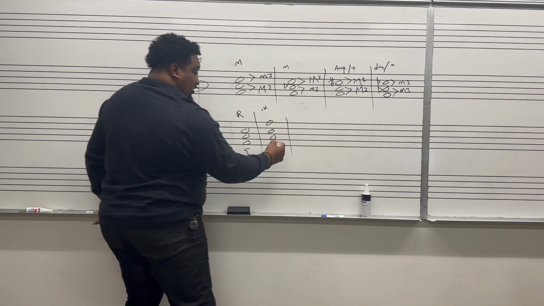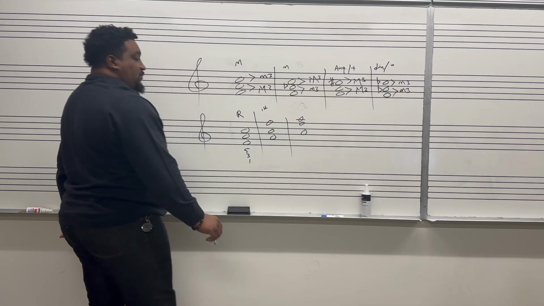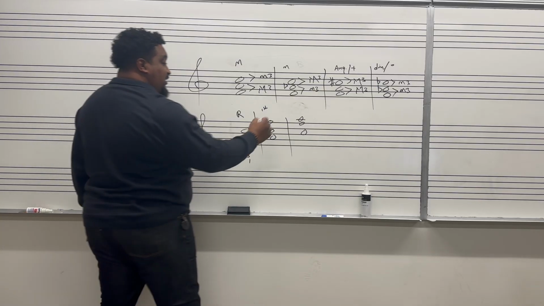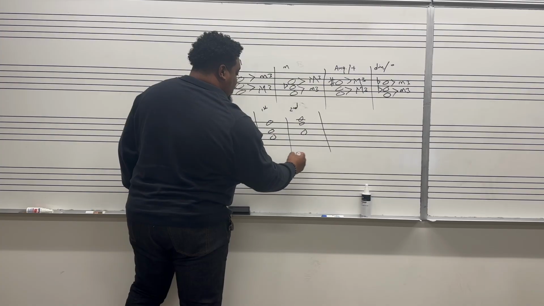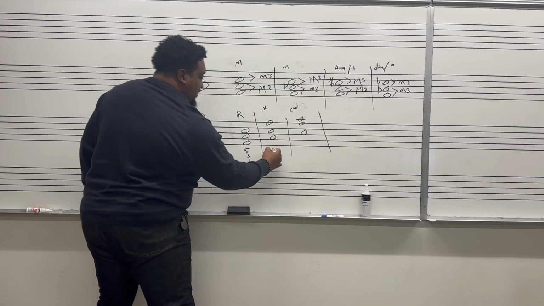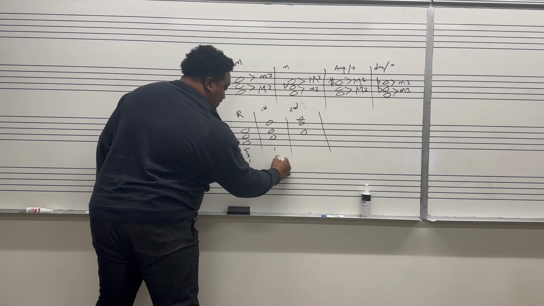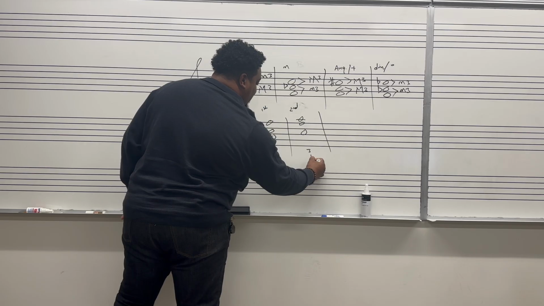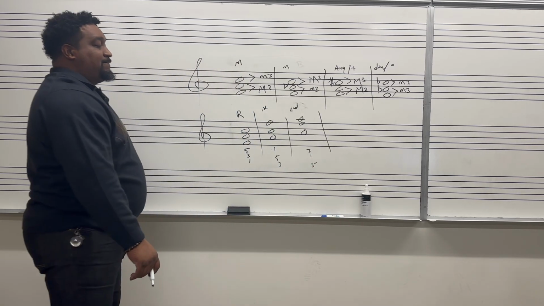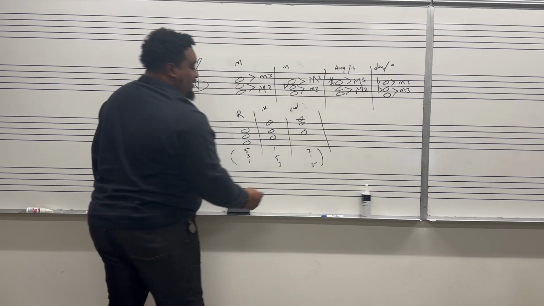So the look of it, you see this stack here, and then another one. If we change that, throw the top up again, now we have a second inversion. So this one is 1, 5, 3. And now we have 3, 1, 5. And those are the numbers. This is what you call the figured bass system.